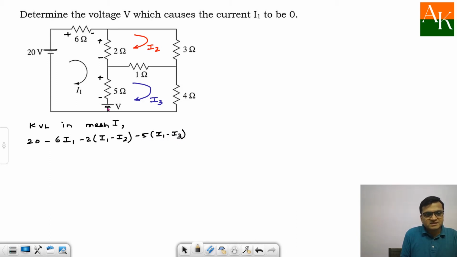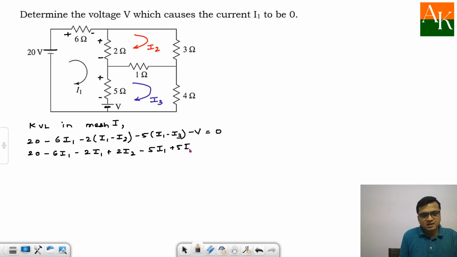Here I will have leaving sign as minus, so minus V is equal to 0. When you solve this, you will have 20 minus 6I1 minus 2I1 plus 2I2 minus 5I1 plus 5I3 minus V is equal to 0.